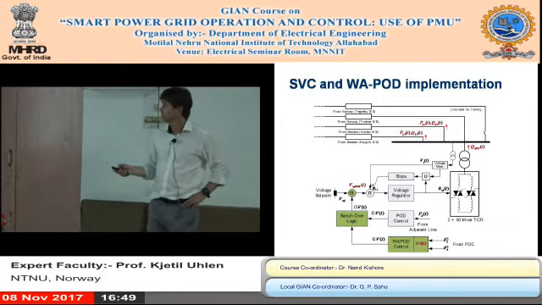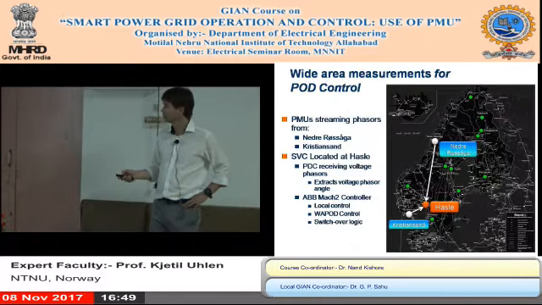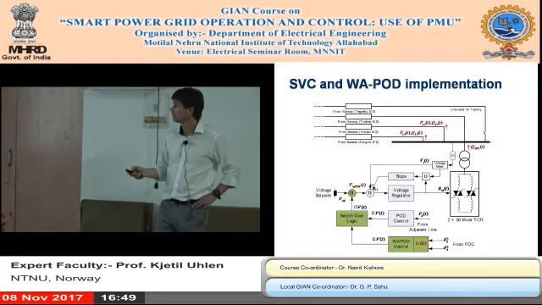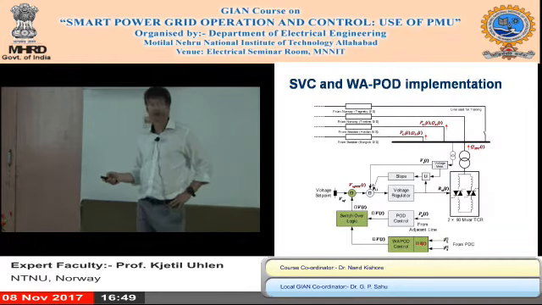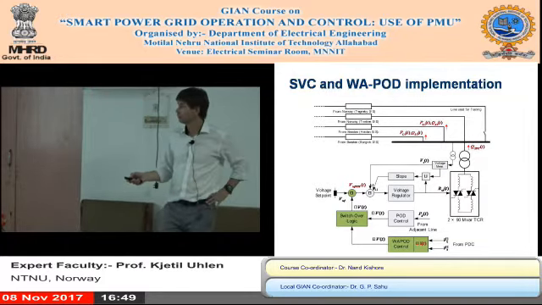If you look at the map, there are two lines coming in here from the west and two lines going further towards Sweden. These are the two lines coming in, and these are the two lines coming out. The traditional controller of the SVC is a voltage controller, perfectly analogous to the AVR on the generator: measure voltage, have a voltage set point, and control the effective susceptance of the reactor.